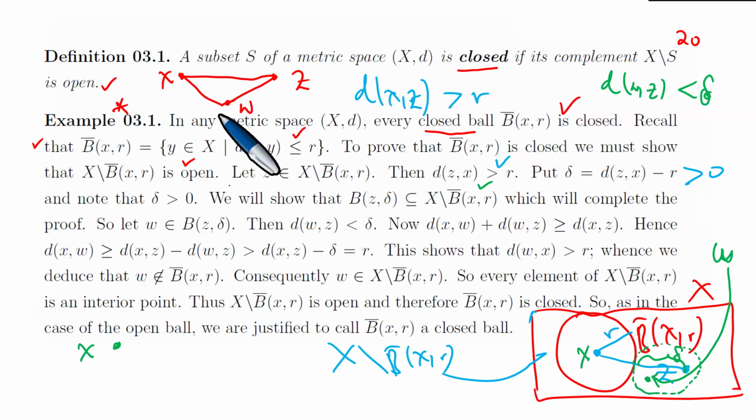Now, the distance between W and X is smaller than delta, of course, because delta is the radius of this particular open ball. If we take the distance between X and W, plus the distance between W and Z, two sides of the triangle, this will be bigger than the distance between X and Z. Of course, this is the triangle inequality: the sum of two sides of a triangle is greater than the third side.